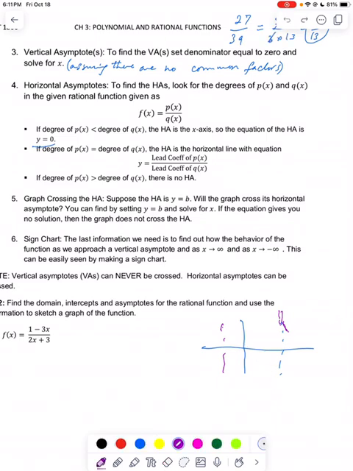So that's why we need the sign chart. Will it hug like this? And the same thing with the other vertical asymptote.